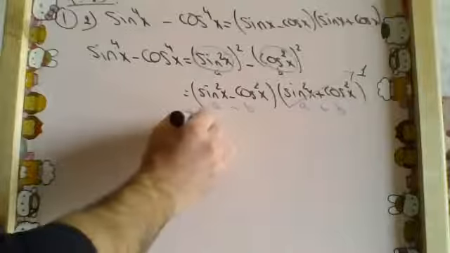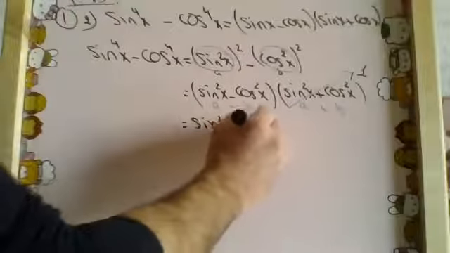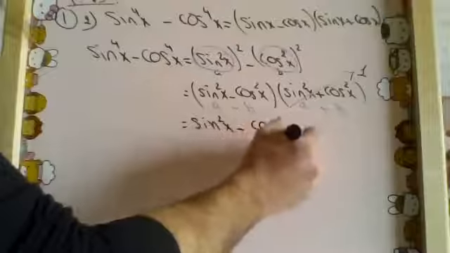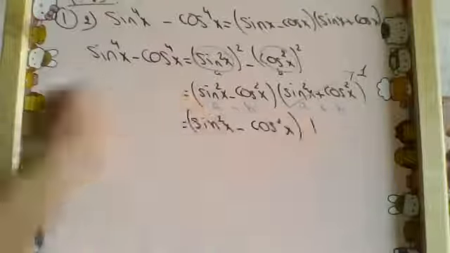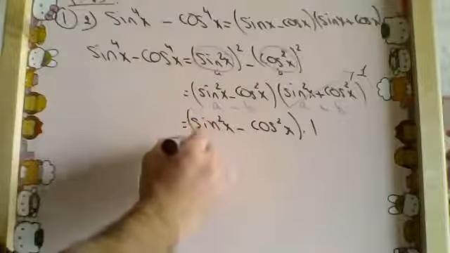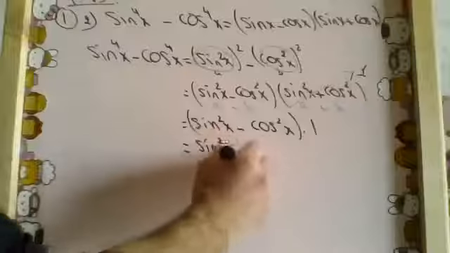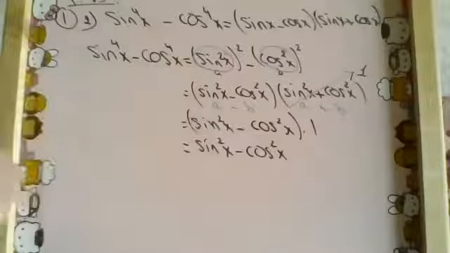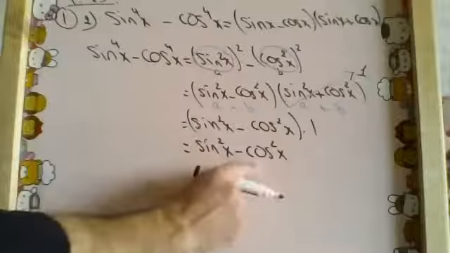So you get sine squared x minus cosine squared x times 1. No need to write the 1. So it is sine squared x minus cosine squared x.